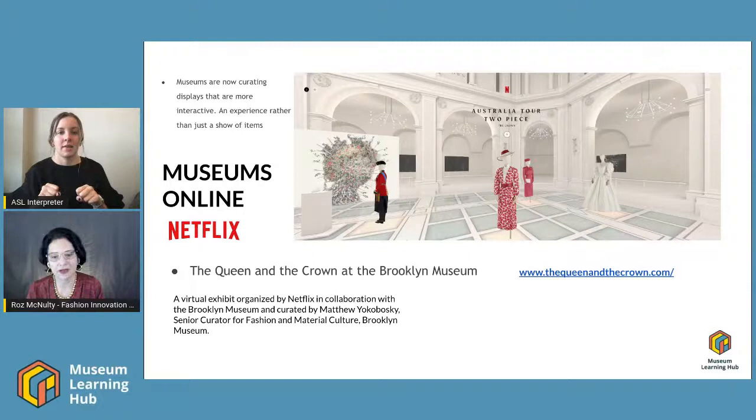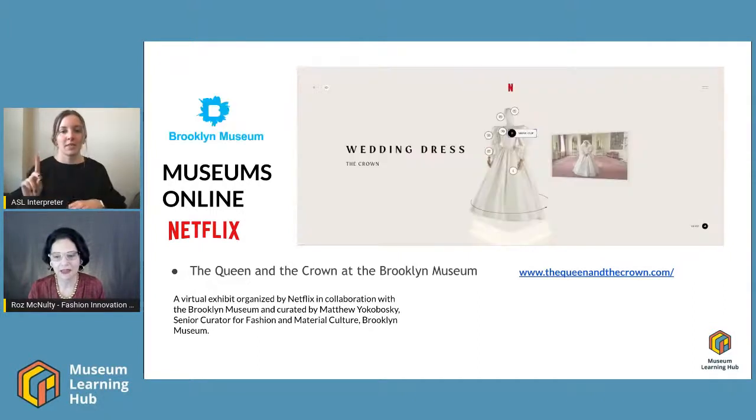And then when you click on it, you get even more information where you can start seeing a movie clip, you can revolve the garment. It's absolutely, totally brilliant as a beginning of what it could be. And it will be.